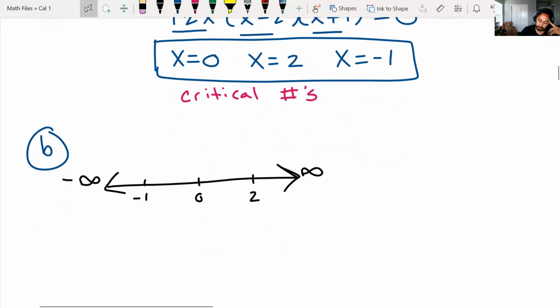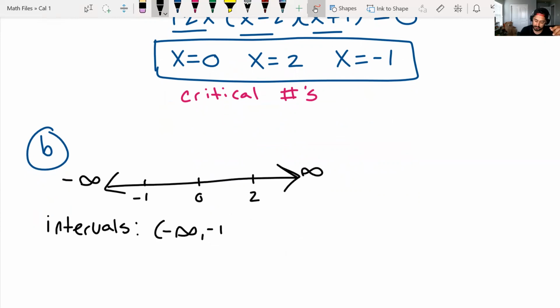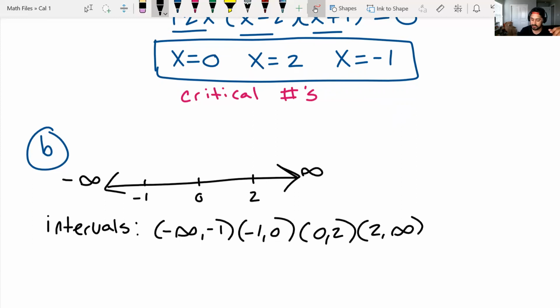And now I will state my intervals. My intervals on this number line are from negative infinity to negative 1, negative 1 to 0, 0 to 2, 2 to infinity.